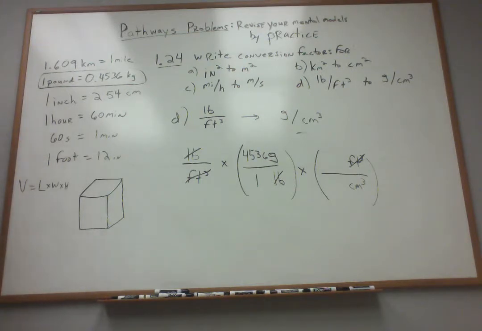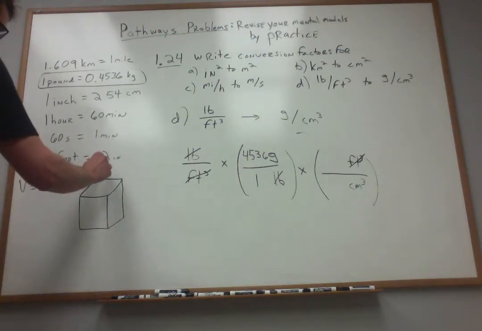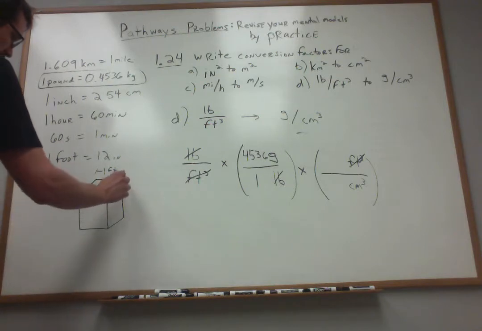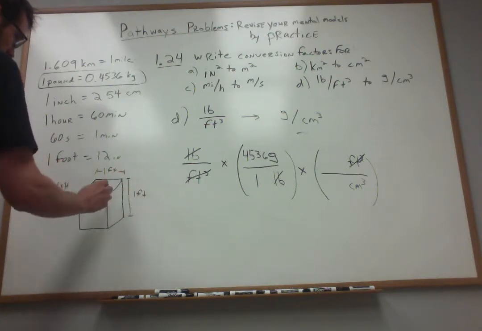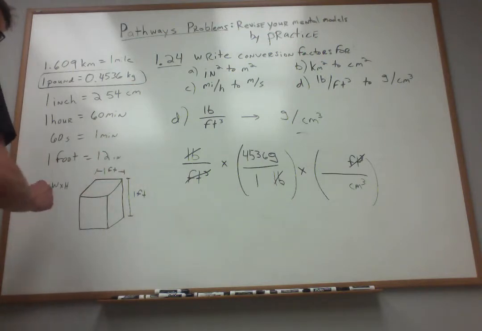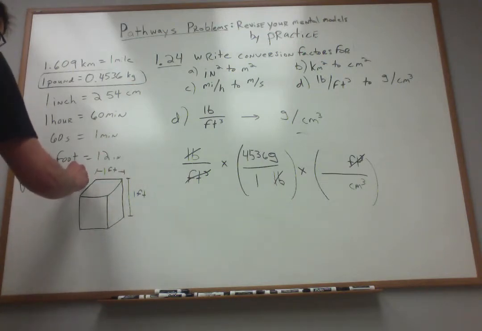Okay? So in this problem, we're measuring really in 2 different dimensions, aren't we? We're measuring in feet and centimeters. So what if I decided that this imaginary cube that I'm considering is 1 foot tall, 1 foot wide, and 1 foot deep?